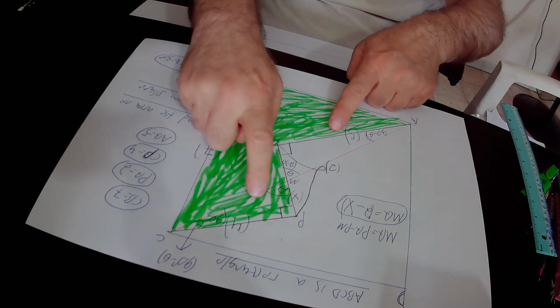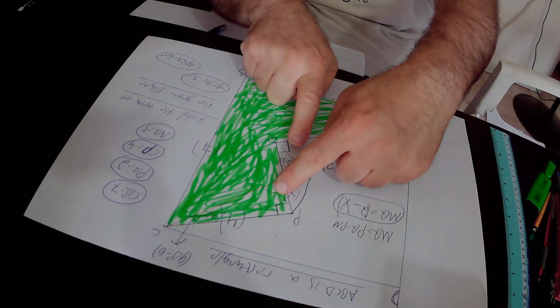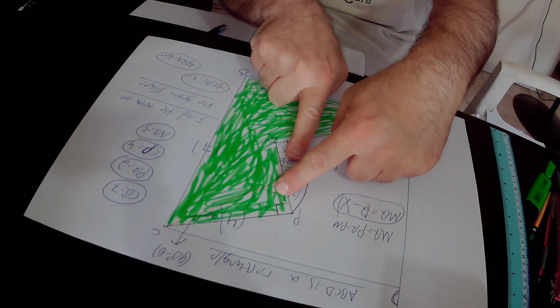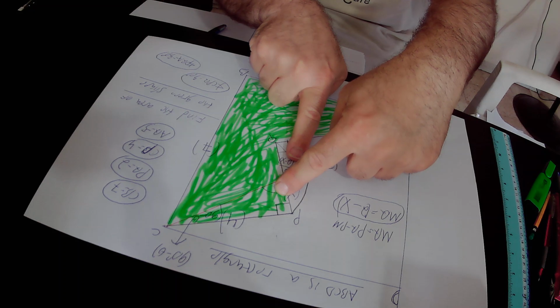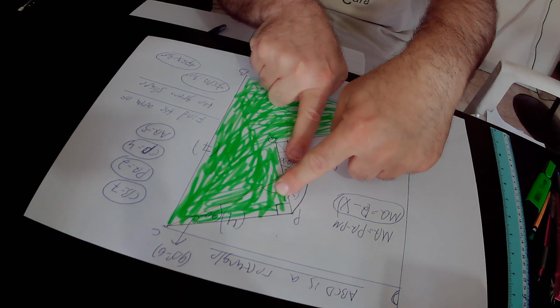So why are those two right triangles similar to each other? First of all, those two angles are vertical angles and they are equal to each other, or you can say they are both equal to theta, therefore they are equal to each other.